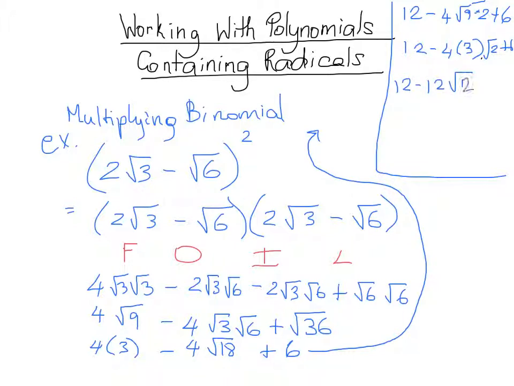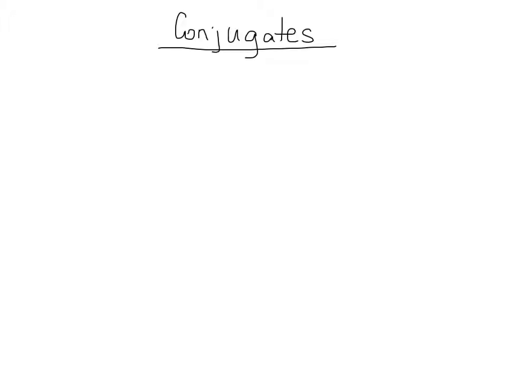How did I get that 12 root 2? Well, remember the 4 and the 3 gives us 12 when we multiply them. Plus 6. So plus 6. Now we have like terms here and here. So we get 18 when we add the 12 and the 6, minus 12 root 2.